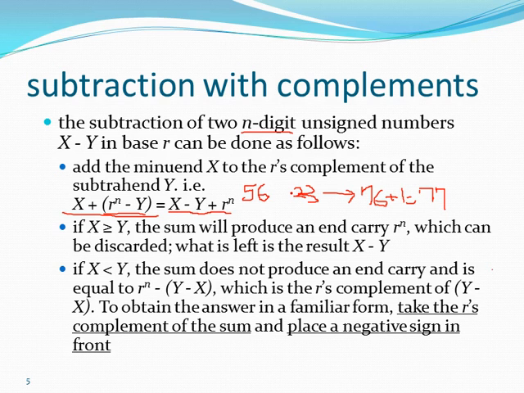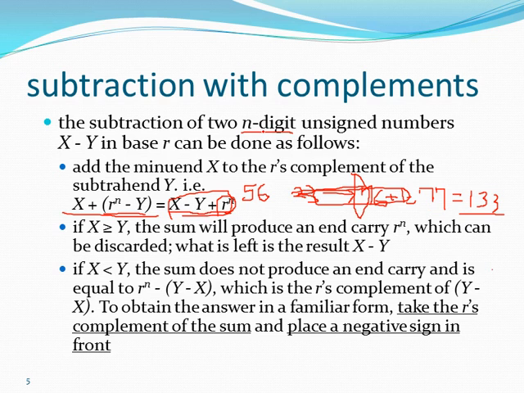So if we add 77 and 56, then the result is 133. So what 133 is, this portion, that is r to the n plus difference of x and y.